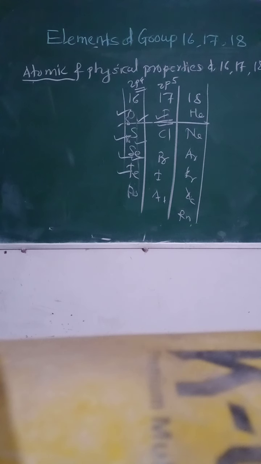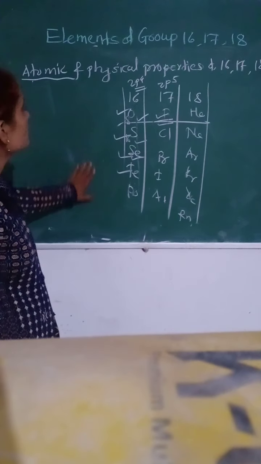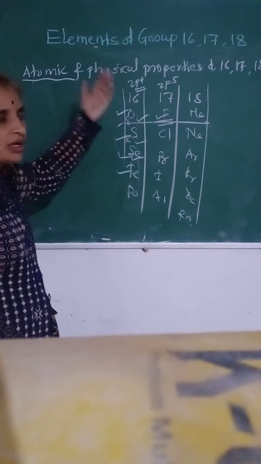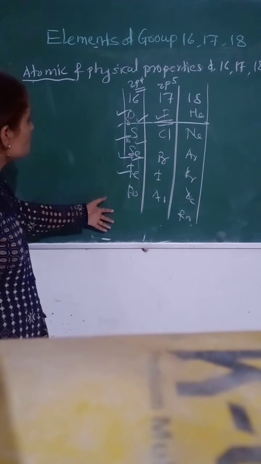This melting point increases with increasing atomic number. Melting and boiling point increase from top to bottom, because here the atomic number is 8 and here 16, means atomic number increases and melting point also increases.